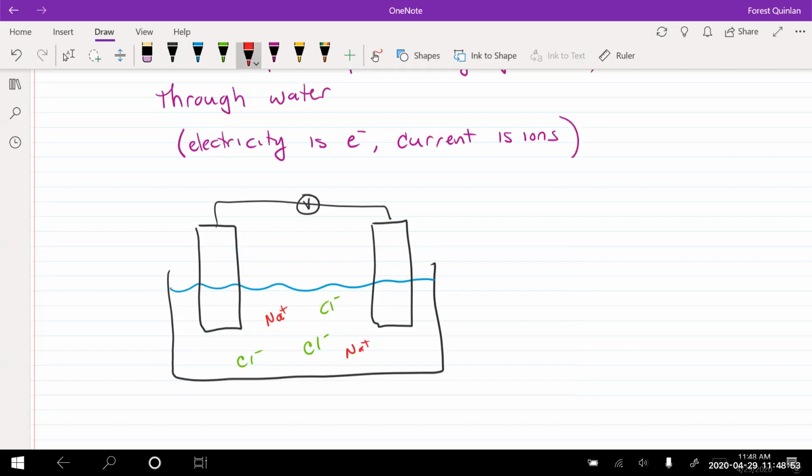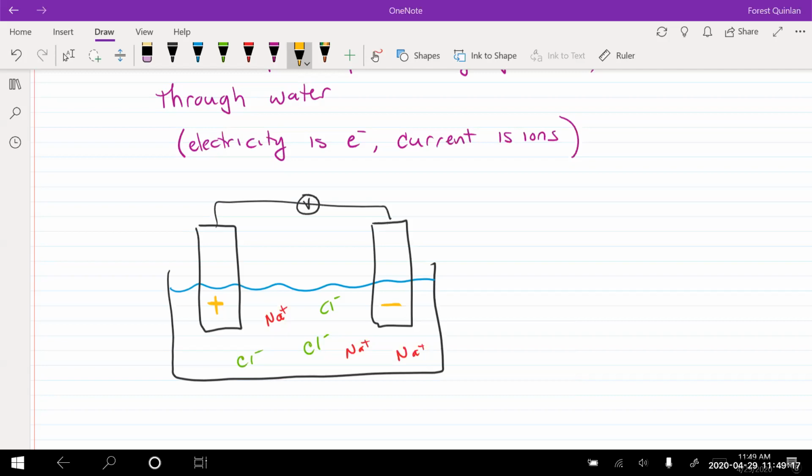Okay, good old salty water. If I suddenly charge these things up to be positives and negatives, so I've basically taken 2 live electrical wires, stuck them in that water, what do you think is going to happen to those ions?